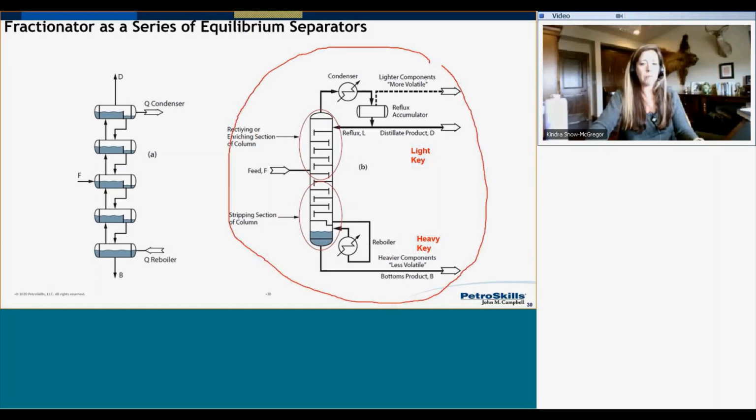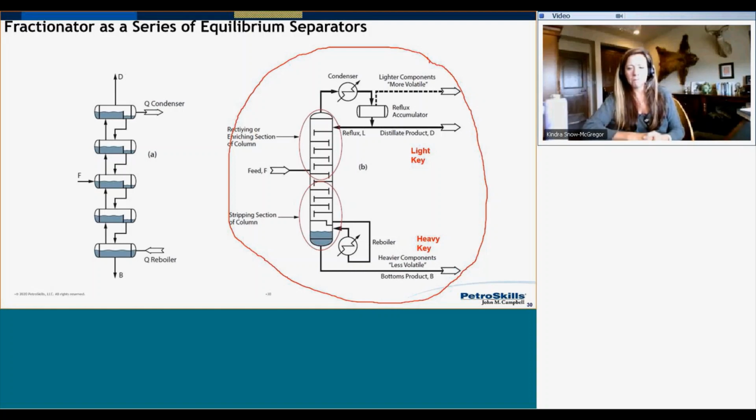There should be a shortcut button in either Unisim or HYSYS. It does a shortcut calculation, because that will tell you what range of pressures and temperatures you need to be at in order to get those two components to split. That's kind of outside the scope of this presentation, but when we do the written responses, I can send some references.